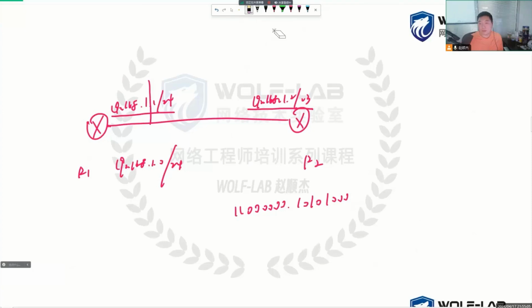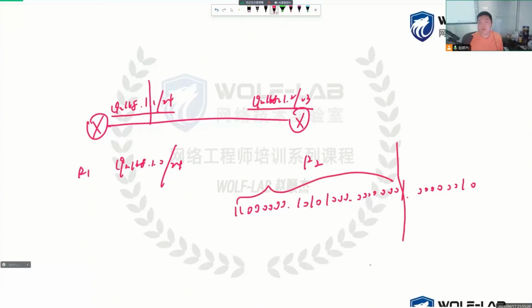R2 is /23. For the binary, write it casually: 00000001.00000010, the first 23 bits. Here, the first 23 bits are network bits. The rest from the 24th bit onwards are host bits. So do the logical AND.